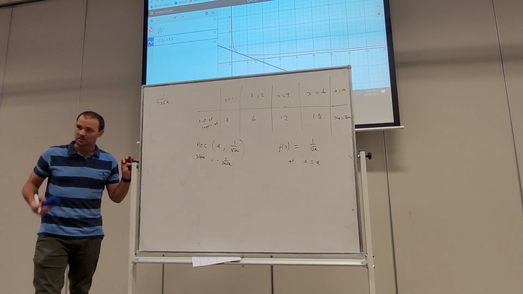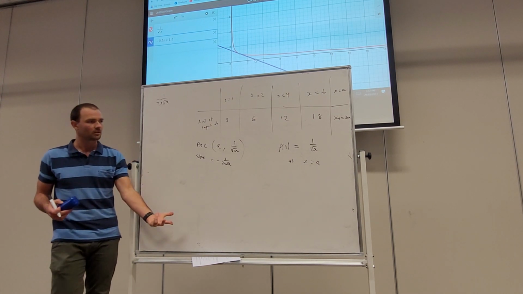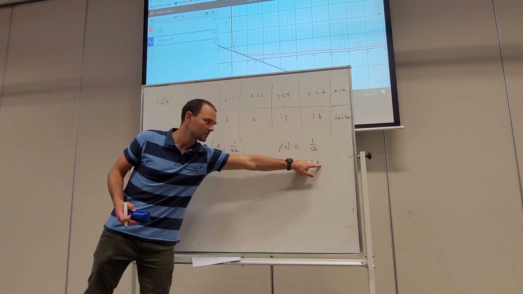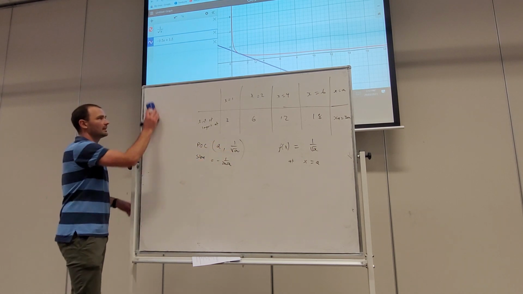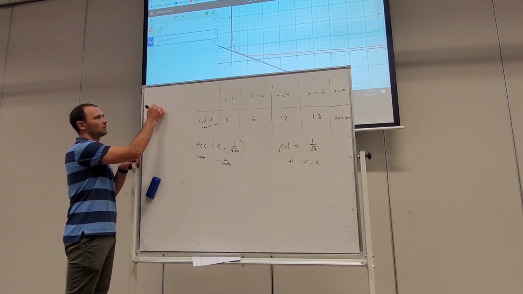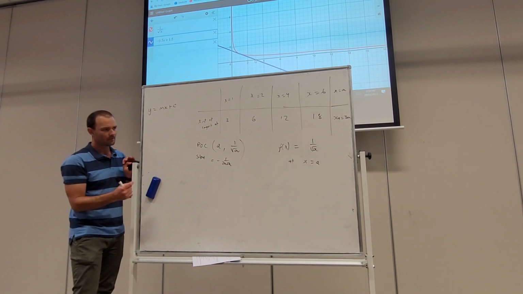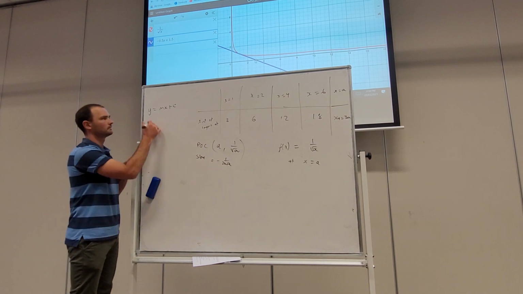Okay, so then what we're doing, remember we're just finding a tangent, and we're doing it not for a number, but for a. So we've got the point of contact, and we've got the slope, we've got everything we need. Our tangent is y equals mx plus c. The value of m is minus 1 on 2a root a.